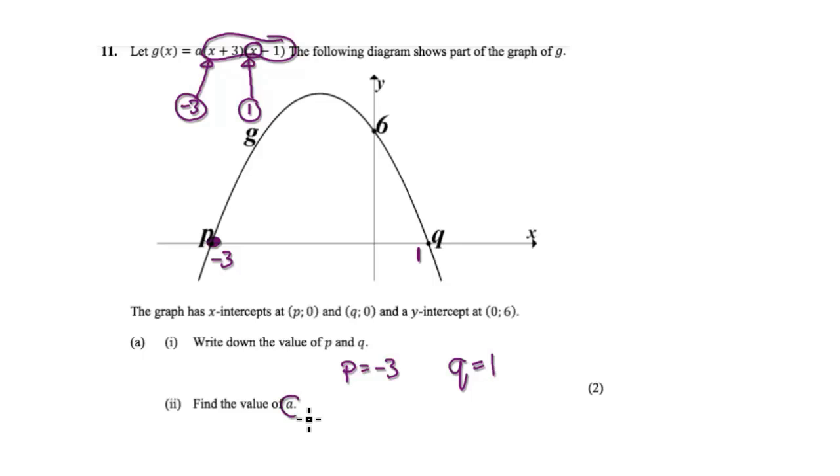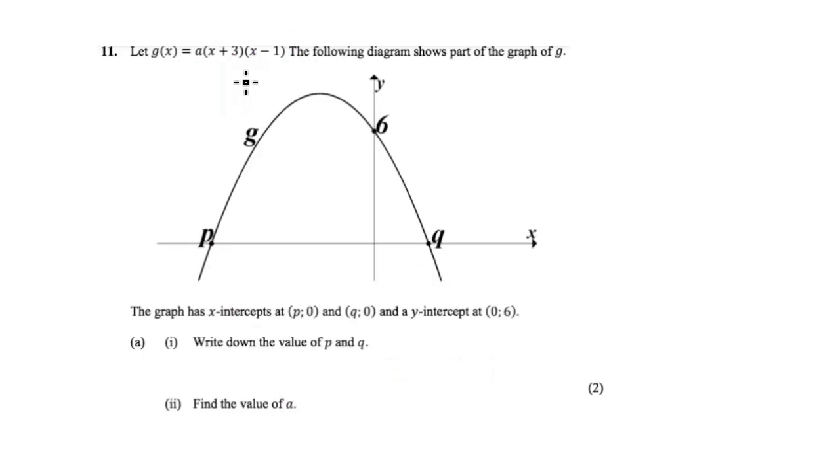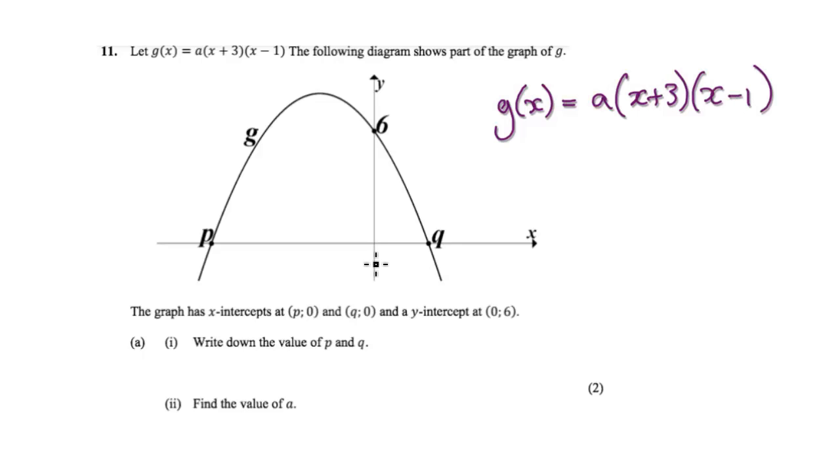Now we've got to find out the value of a. Well, to find the value of a, we've got to look at this point here. So hang on, let me think. So at the moment we've got g of x equals a, and then x plus 3, and then x minus 1. Now here x equals 0 right here.